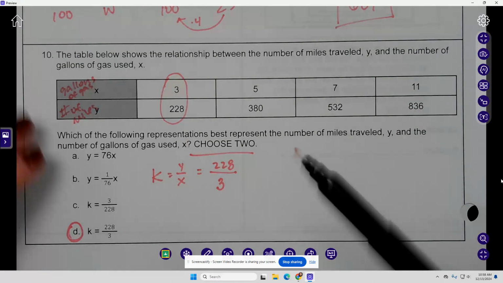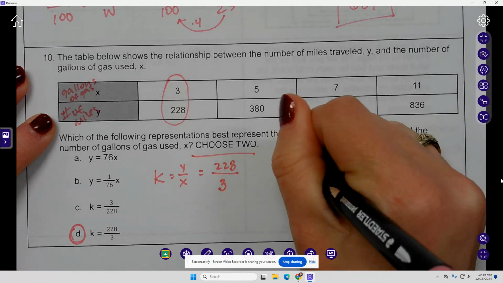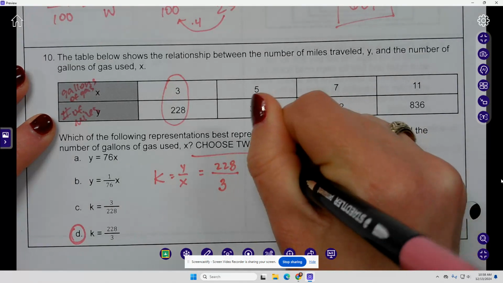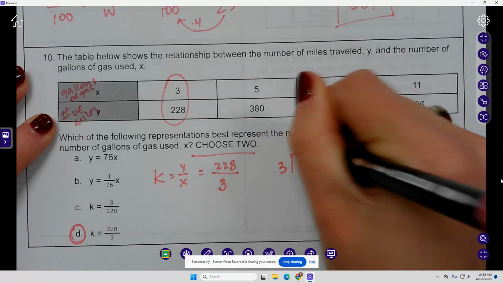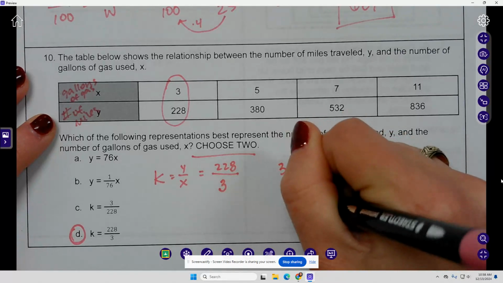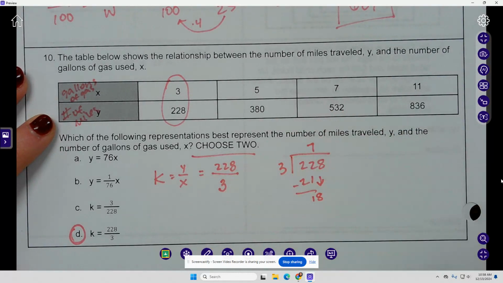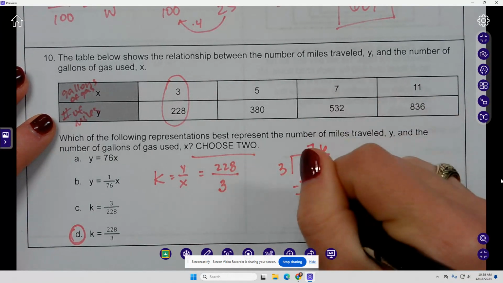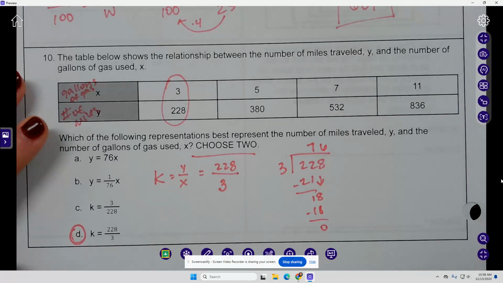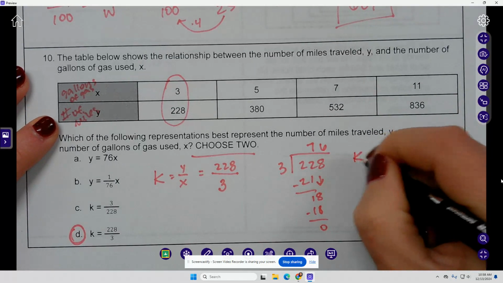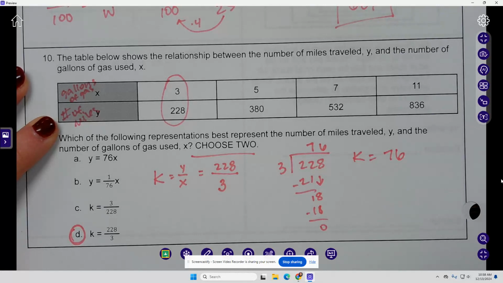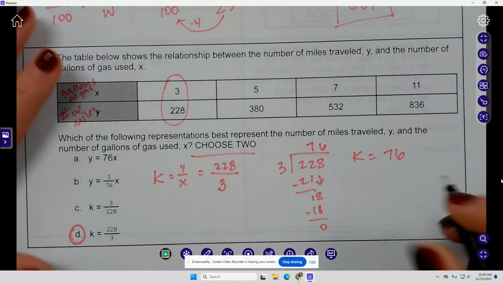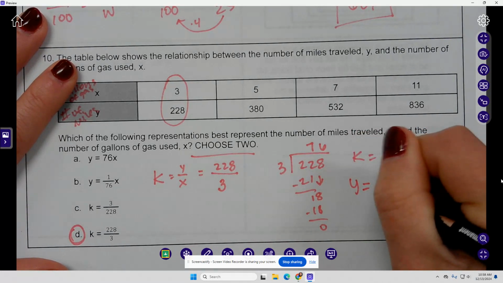Now, if we look at A and B, we have to actually solve for K. So I'm going to divide 228 by 3. 3 can go into 22 7 times. Subtracting, it's 1. Bring down my 8. 3 can go into 18 6 times. So K equals 76. If we think back to this unit, my equation is Y equals KX.